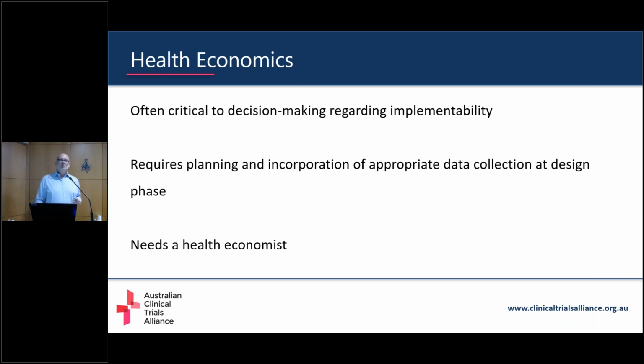Health economics needs to be built into trial design and conduct wherever there's a relevant health economic question, which is almost everywhere. And as I said before, that requires incorporation of appropriate data collection, which can't be retrofitted at the end of a trial. And it's a rare breed of people who can do this work. Health economists are in extremely high demand because of the skills that they bring and critical to implementability.